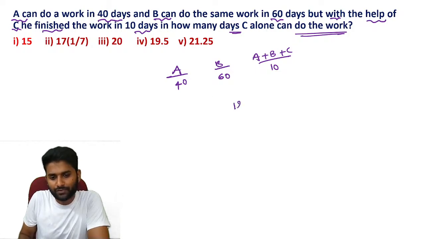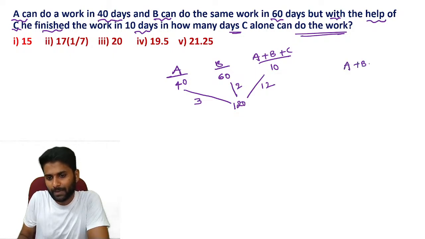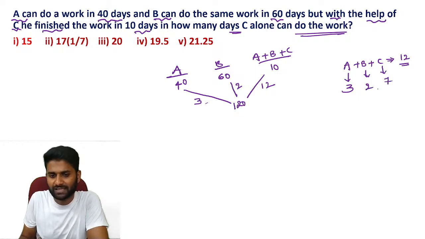Now, if you go through the calculation, the LCM is 120. A's efficiency is 3 units, B's efficiency is 2 units, and ABC's efficiency is 12 units. Now see, ABC together complete 12 units per day. Out of 12, you know that A's efficiency is 3 and B's efficiency is 2. Definitely C's efficiency is 12 minus 5, which is 7 units.